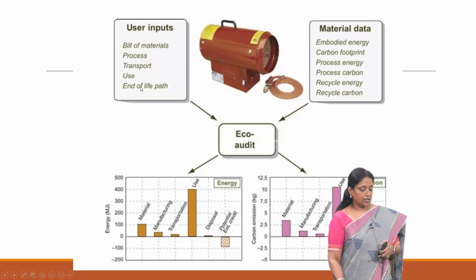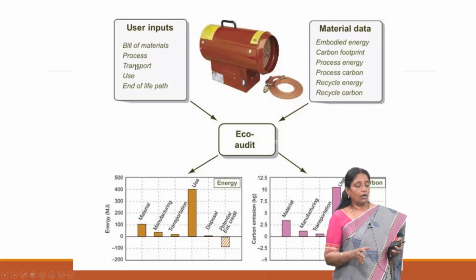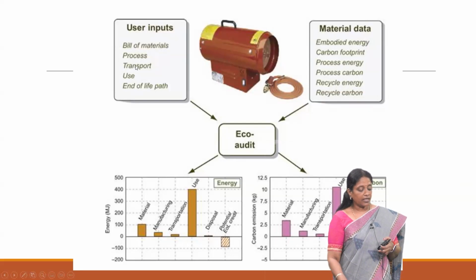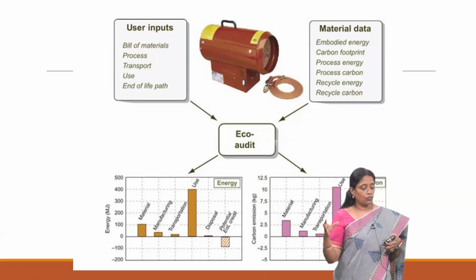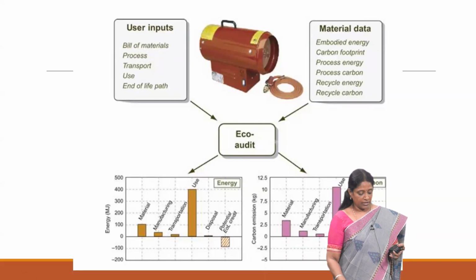From the bill of materials, I identify what is the process of manufacture and how much energy is used, what is the transport, how far it has to be transported, what is the use case, and what is going to happen at the end of life. This also should be discussed as part of your project, not just the manufacturing side, right? So what are you going to do with it, and how much is the energy which you're going to get back, how much is the emission.